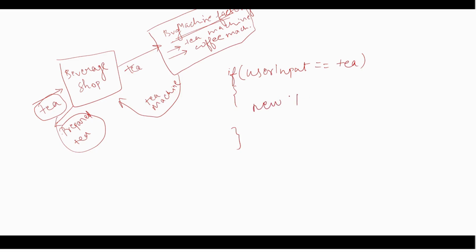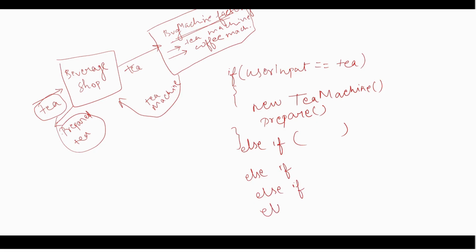We're using the new operator, we will create the tea machine, and then we'll call the prepare method on this new object. And for the coffee machine, we'll have an else if here. If we want to add more drinks, we'll have to create more else ifs. So it will eventually lead to an if else chain, which is not a good thing for our code.